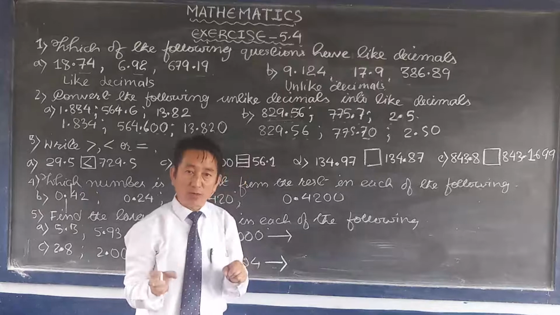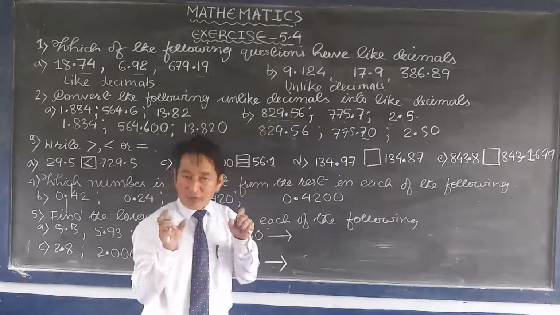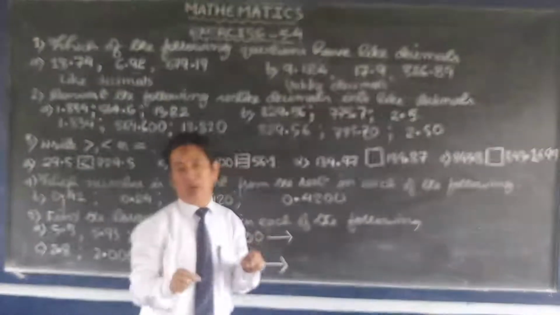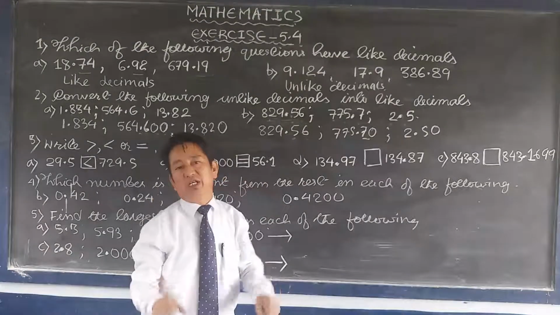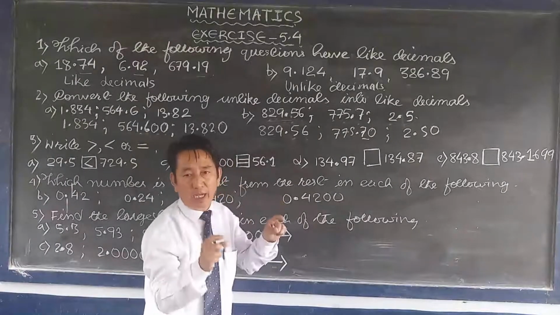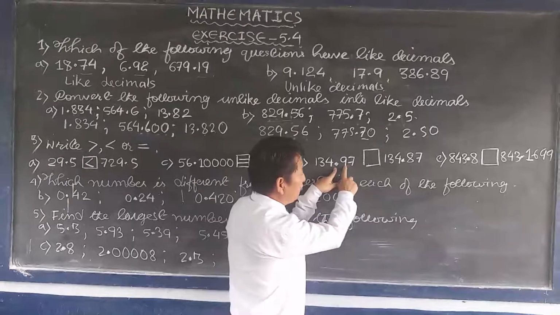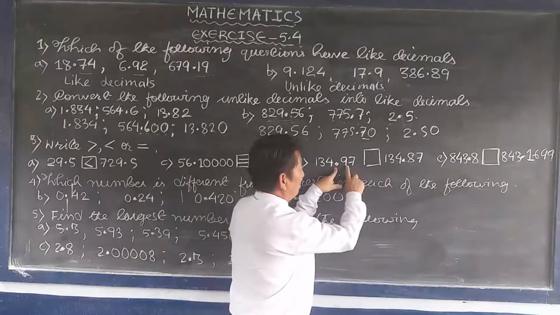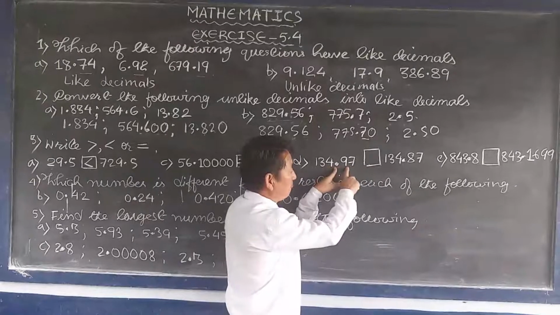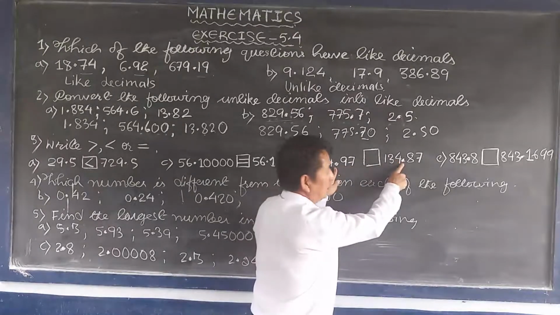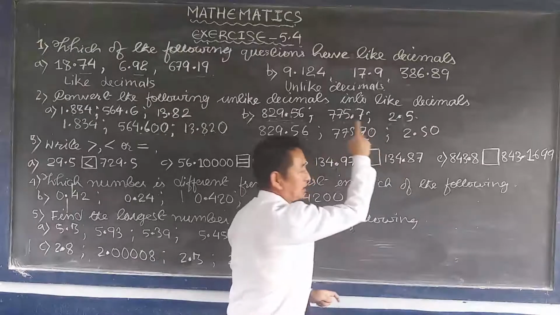If you get two decimal numbers whose whole numbers are the same, we compare the first digit after the decimal point, as you have seen in this case.